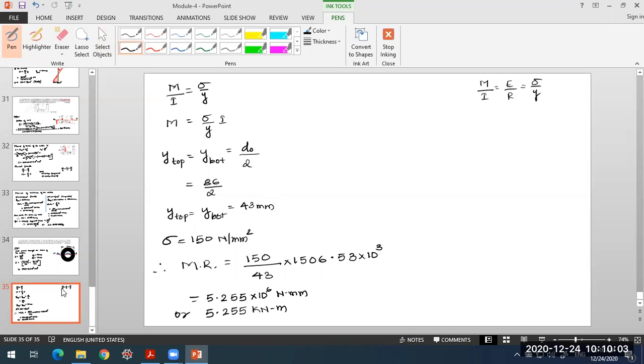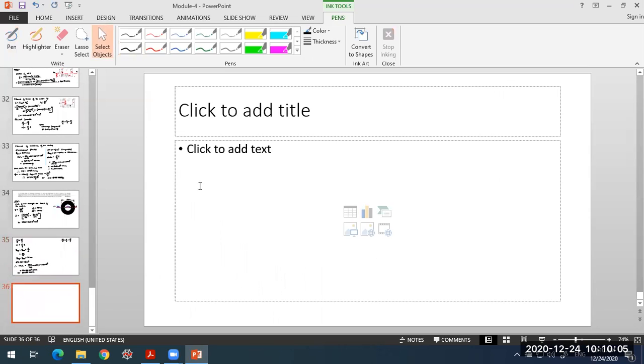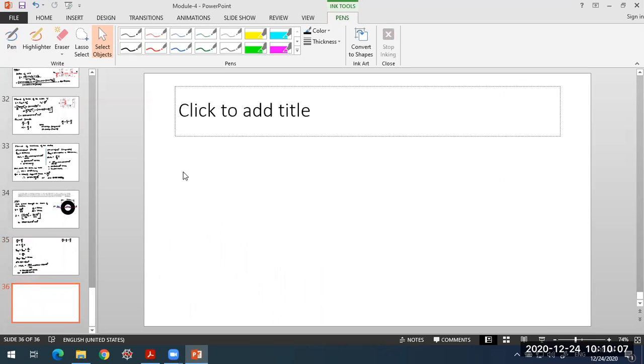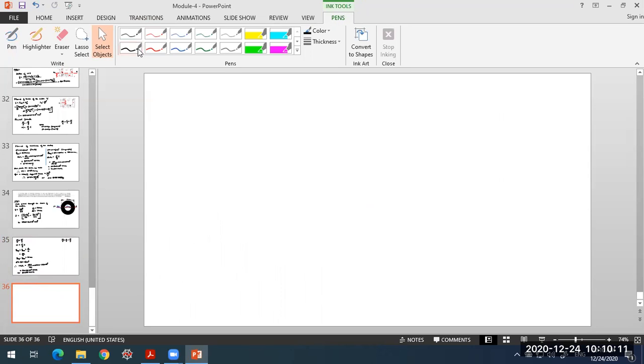In case a simply supported beam is carrying a concentrated load at the center, we have maximum bending moment as WL by 4. So I'll equate the moment of resistance to that maximum bending moment.